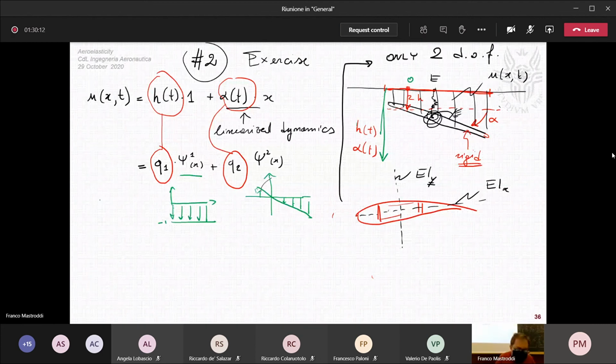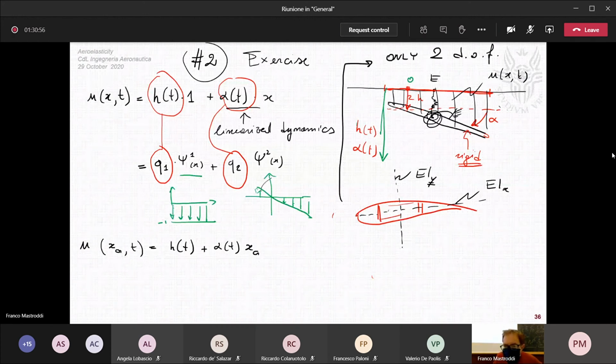So in this coordinate system, we have that the displacement of the center of mass, like G, is equal to, excuse me, if you want the displacement of the center of mass, you have to put, instead of x, the coordinate of the center of mass, and then the time, and therefore we have h(t) plus alpha(t) times the coordinate of the center of mass.